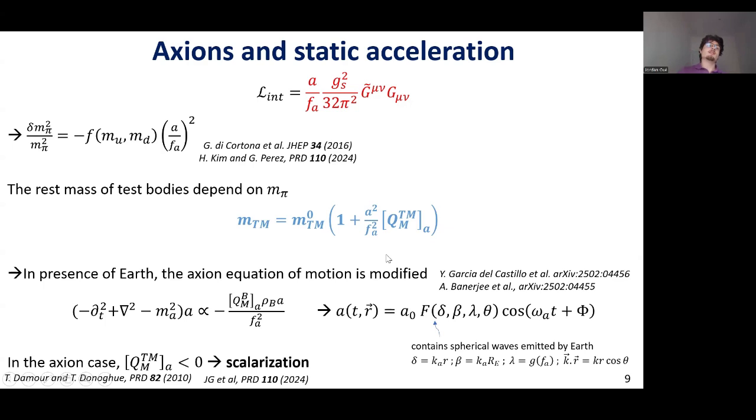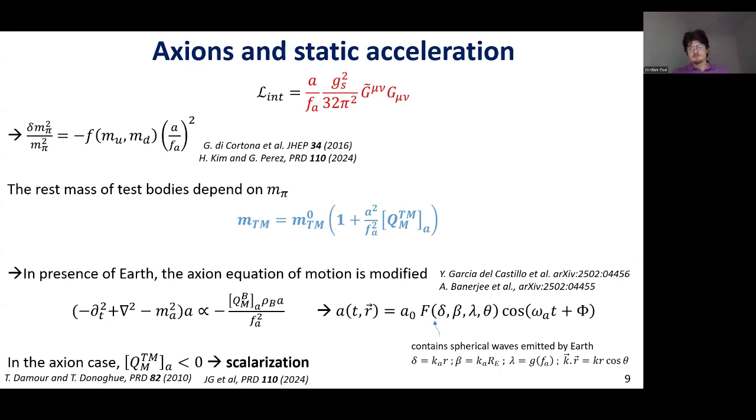And one of them is that in the presence of massive bodies, the axion field is perturbed. Basically, here in the equation of motion, you have a source term that depends on the matter density. And so essentially that tells you that you assume an incoming dark matter wave that is scattered off massive bodies. And so you have spherical waves that are emitted by this massive body, and which you need to take into account to be able to have the full solution.